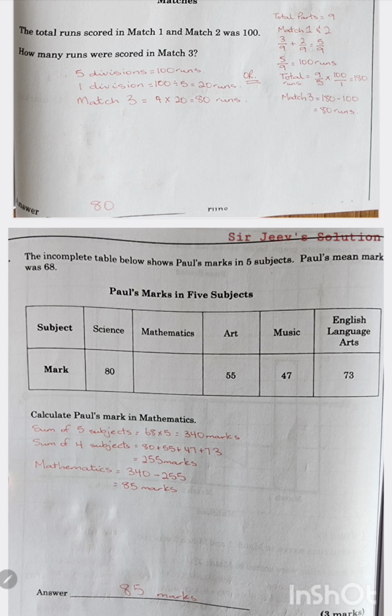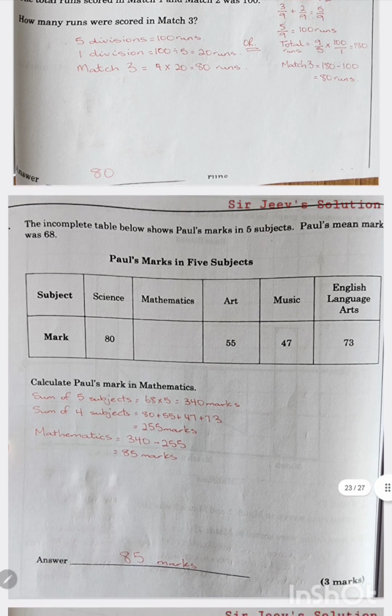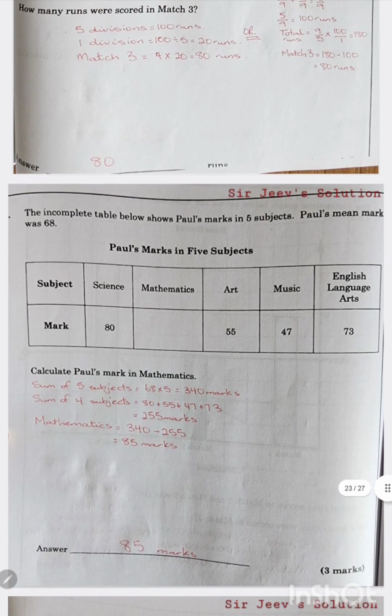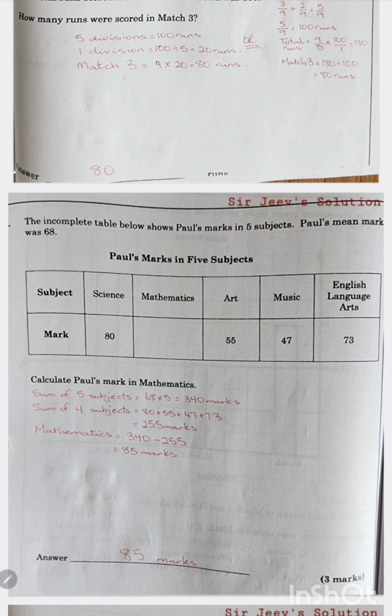So we add 80 plus 55 plus 47 plus 73, and we'll get 255. The difference will give us the mathematics marks. So 340 take away 255 will give us 85 marks. So therefore, Paul's mathematics mark is 85. Alright, and that's it for section 2.